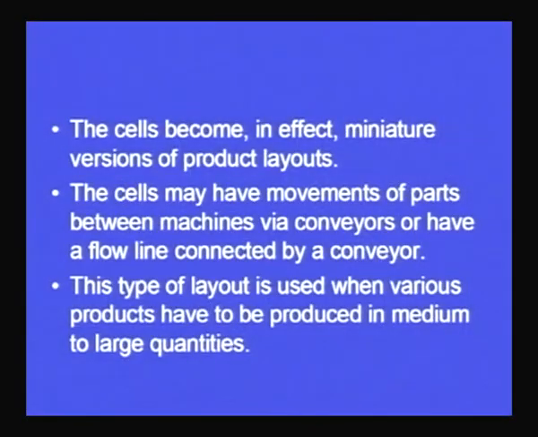So, now in this particular case, one particular cell would be dedicated for similar type of products, and it may so happen that all the machines are aligned in a logical sequence of operations only. So, each particular cell can be said to have the advantages of the product type of layout. The cells may have movement of parts between machines via conveyors or have a flow line connected by a conveyor.